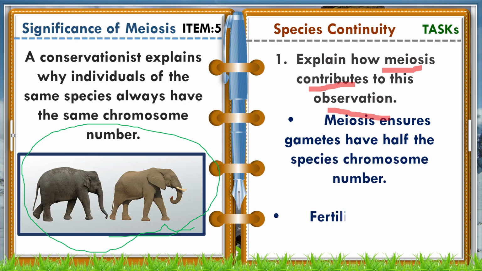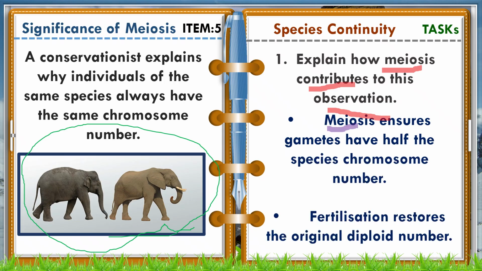So here we say meiosis ensures gametes have half the species chromosome number. So what is going to happen here?